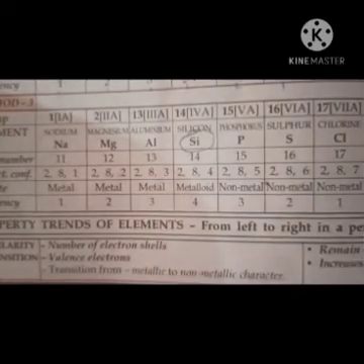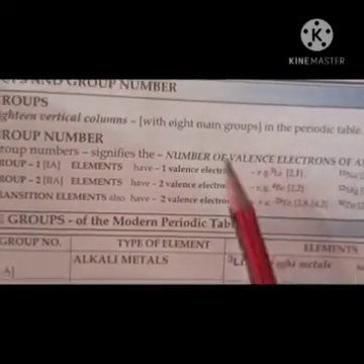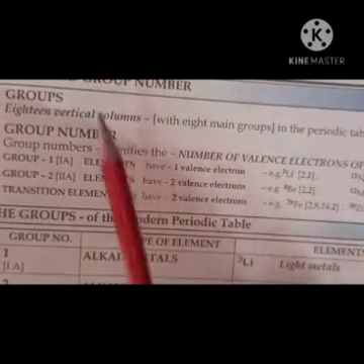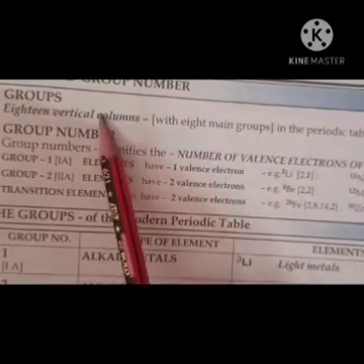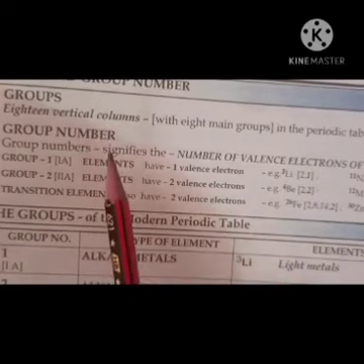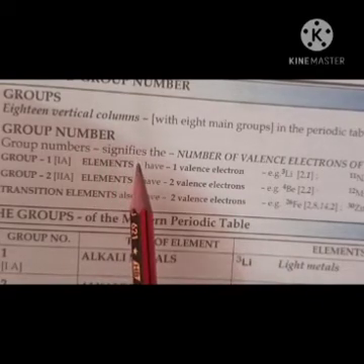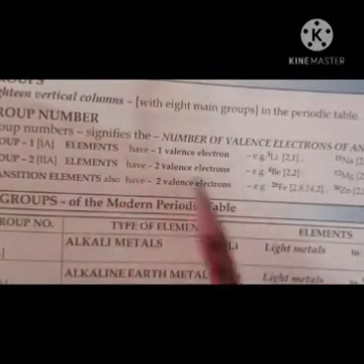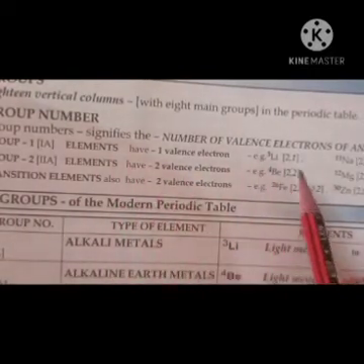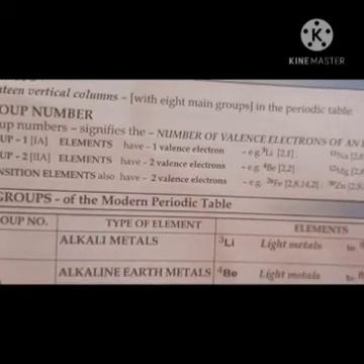Right? Now come to groups. What is a group? The 18 vertical columns in the periodic table are called groups. And there are a total of 18 groups. What does the group number signify? The group number signifies the number of valence electrons of an element.